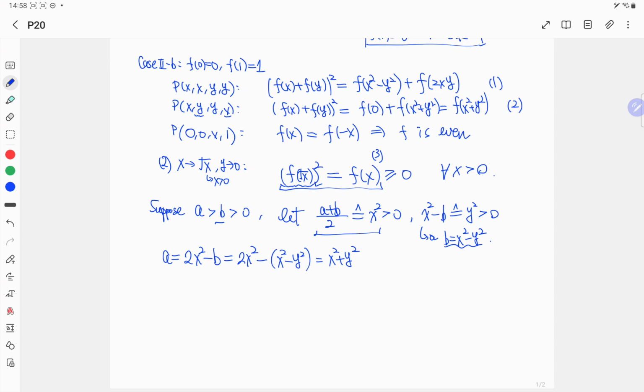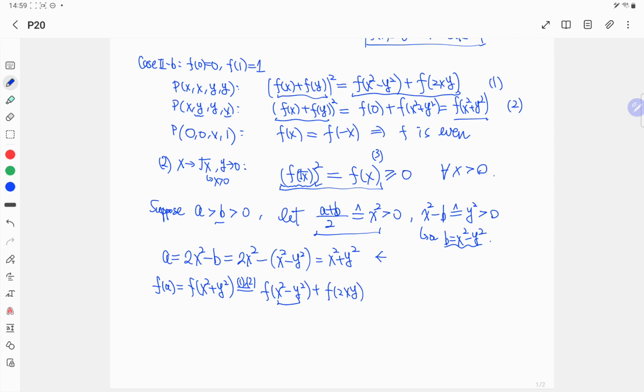Okay, so here we can evaluate f(a) to be f(x squared plus y squared) by this equation, and then making use of equation 1 and 2. Okay, f(x squared plus y squared), which is this one, will be equal to this one and also equal to this one. So finally, f(x squared plus y squared) equals the right side of equation 1, which is f(x squared minus y squared) plus f(2xy).